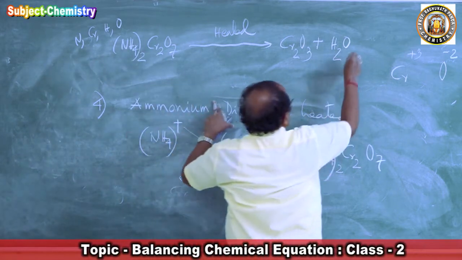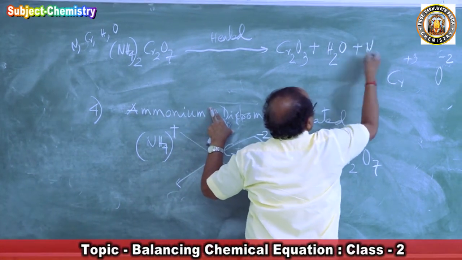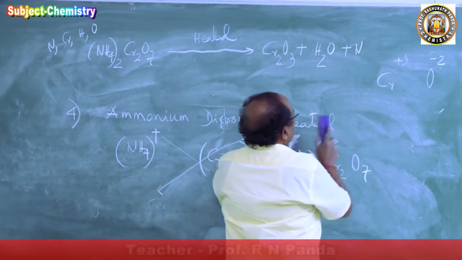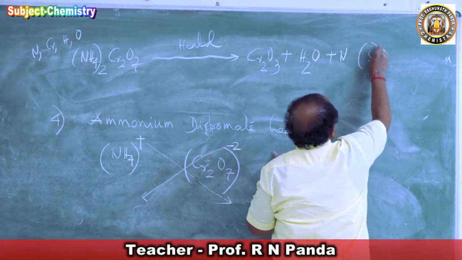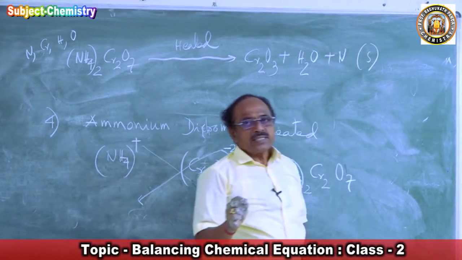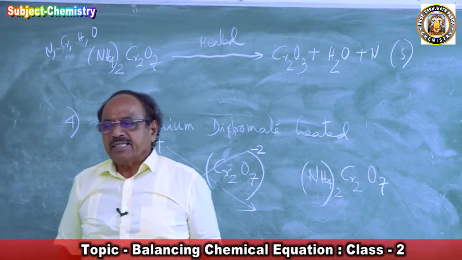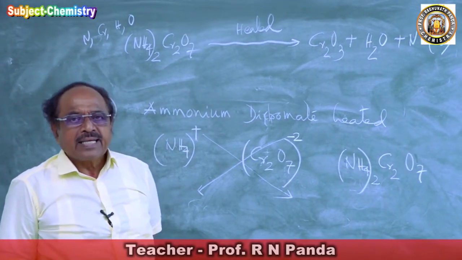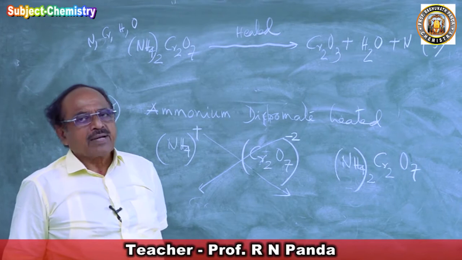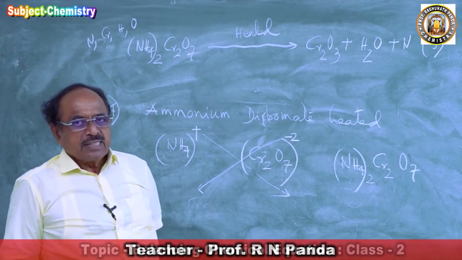Nitrogen. Nitrogen will remain as nitrogen. So this is our skeleton equation. What is a skeleton equation? Write the reactants and products, ascertain the reactants and products, and write them by their chemical symbols and formulae. This is the skeleton equation.